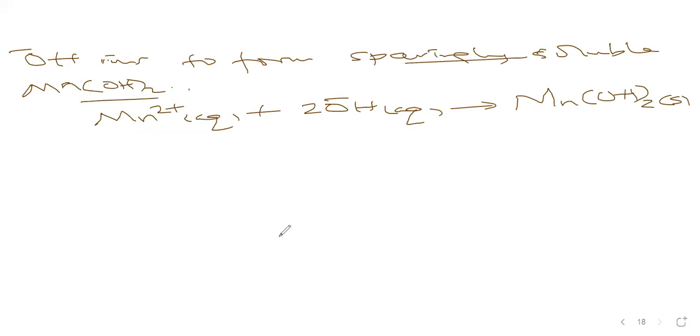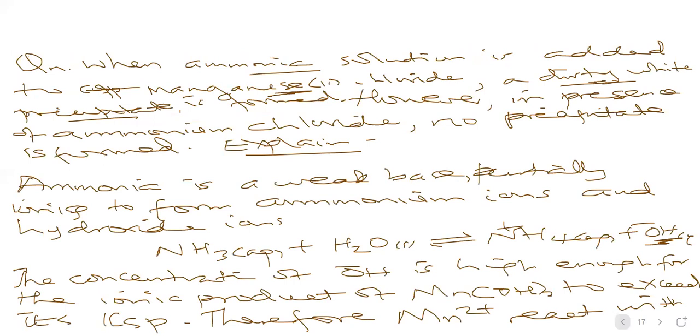However, let's go to the second case, which says that in the presence of ammonium chloride, no precipitation occurs. Now here, your brain must think, you see this is ammonia solution, this is ammonium chloride. What do you realize?